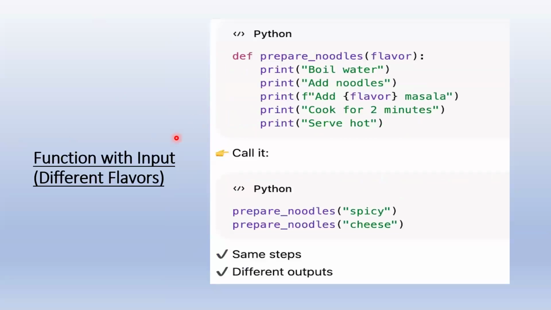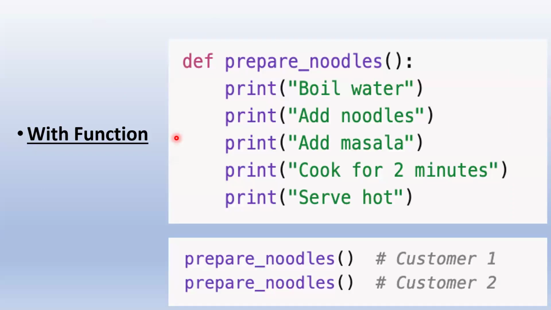Now, another type is there, like function with input. For example, noodles: how many varieties and flavors are there? Veg noodles, non-veg noodles. The masala which you add will be different. Nowadays in the market, some noodles come with spicy masala, right?